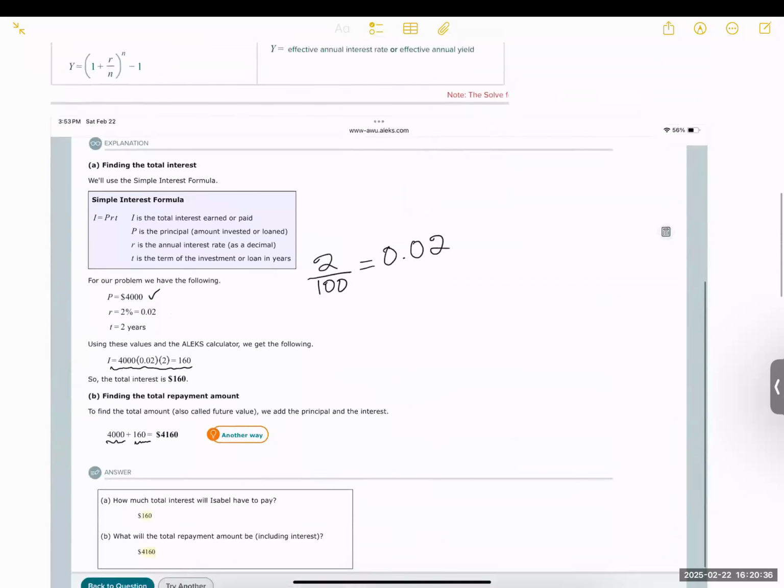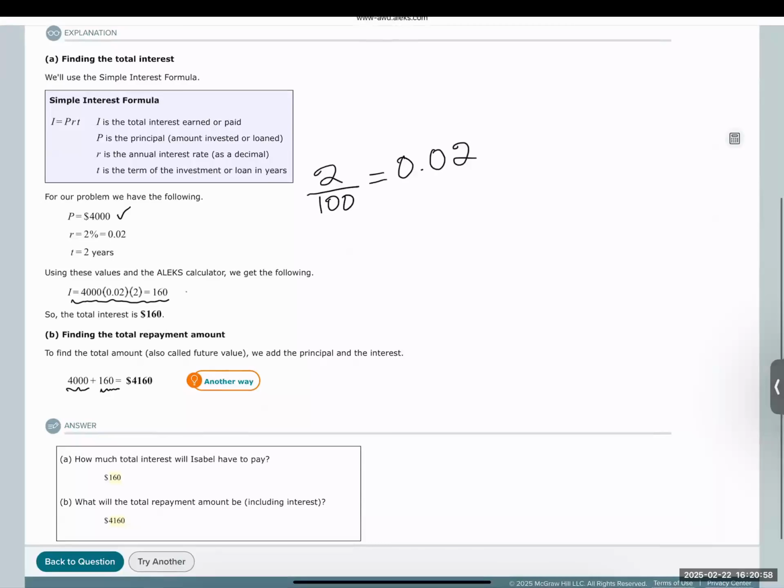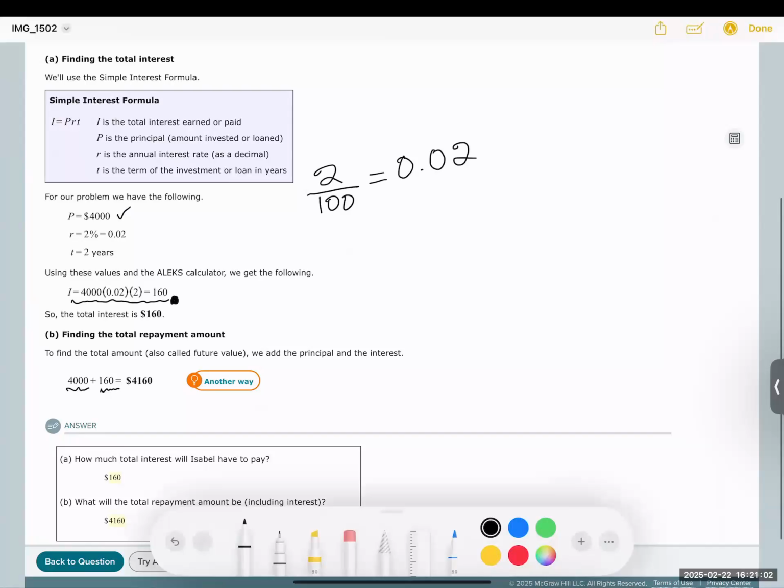And so I already have this written out. So if you want to pause the video and underline and check mark and write exactly what I have, you need to change the 2% into a decimal. And so you take 2, you divide by 100, and you get 0.02. And then you can multiply that all together here. So 4,000 multiplied by 0.02 multiplied by 2 gives you 160.